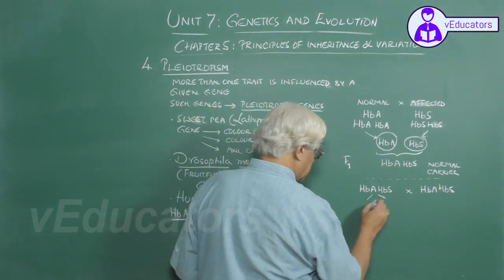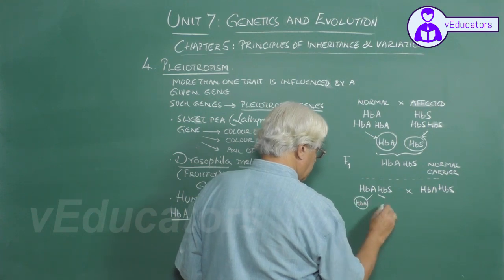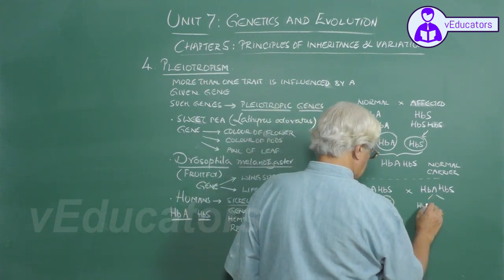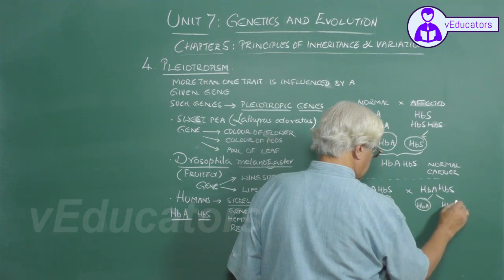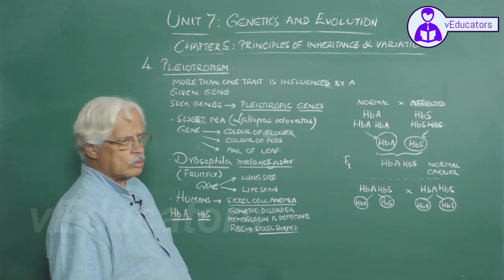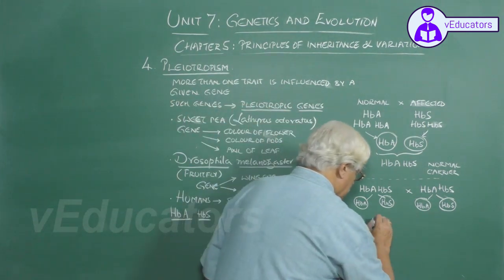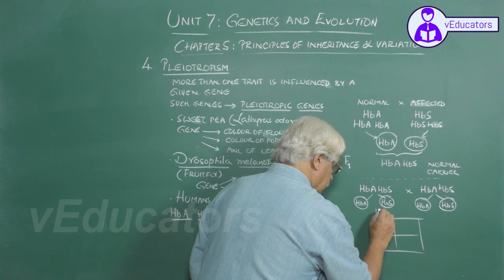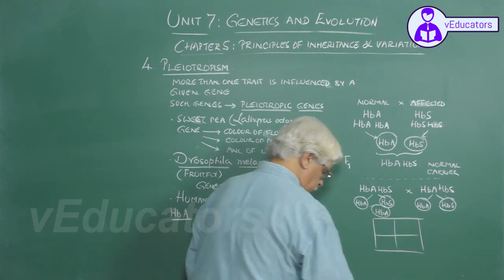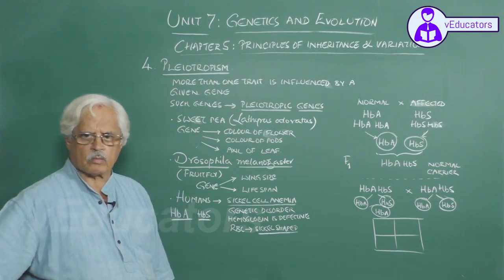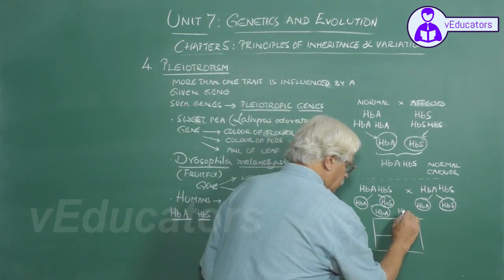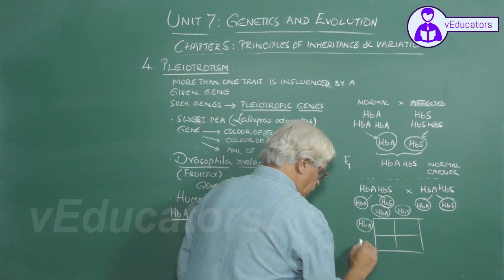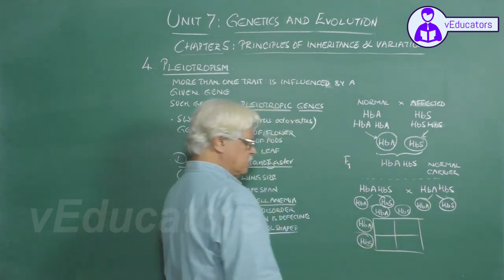So two types of gametes here, HbA, HbS, HbA, HbS, 2 into 2, HbA, HbS, HbA, HbS.